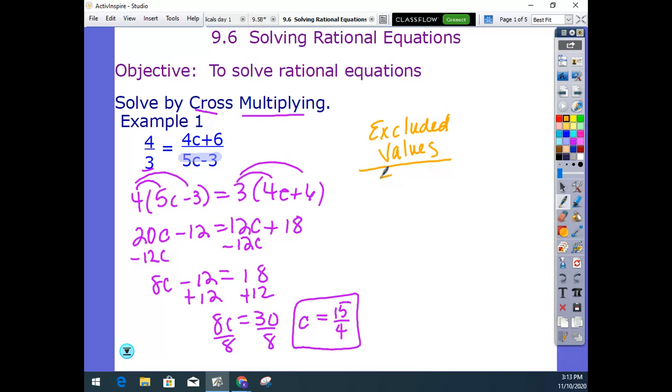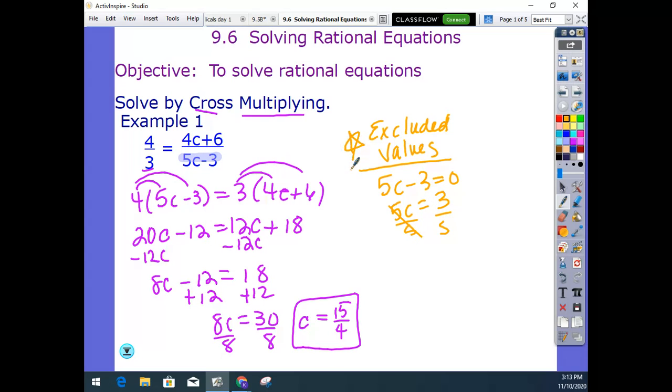So my excluded value would be anything that would make 5c minus 3 equal 0. So add 3, divide by 5. So my excluded value is positive 3/5. You always need to compare to make sure your answer does not match your excluded value. So we're okay. This is what c cannot be because that would make it equal 0. This is the answer.